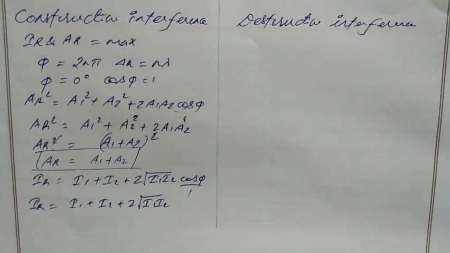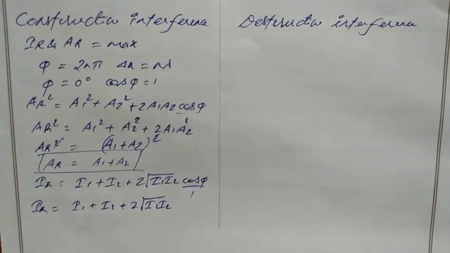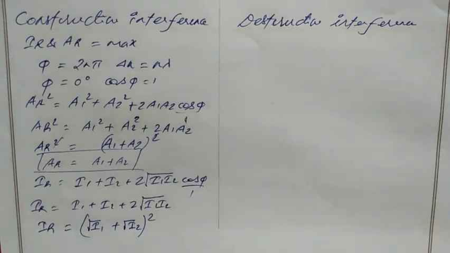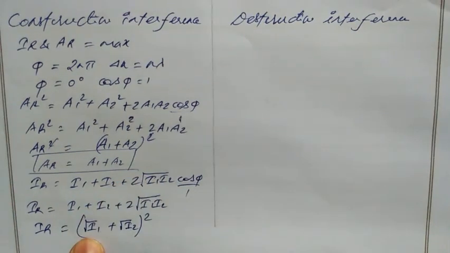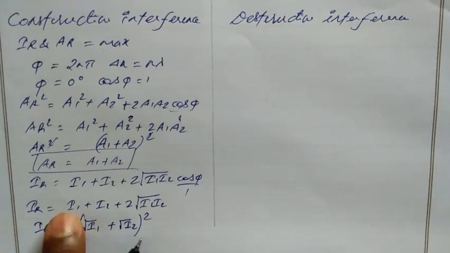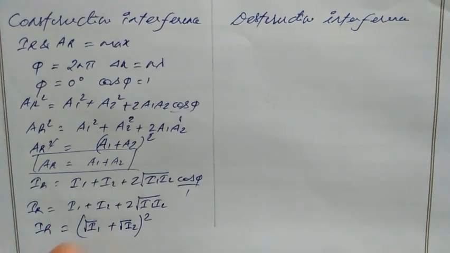So this is also in the form of a plus b whole square, in the sense that we can take it as IR equal to root I1 as our a plus root I2 as our b, then square. If you expand this, a square is root I1 square, root and square get cancelled, we have I1. Then b square, root I2 square will be I2.